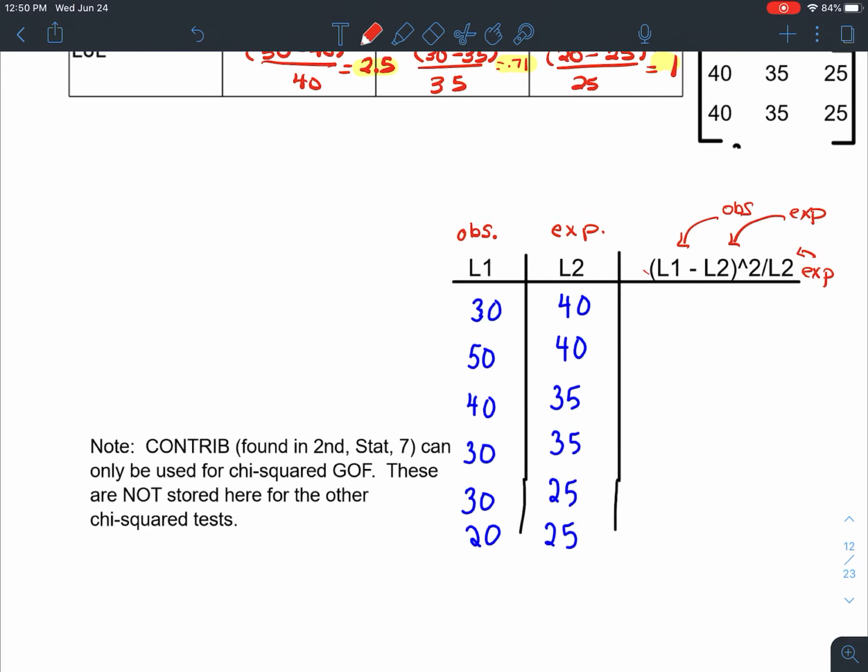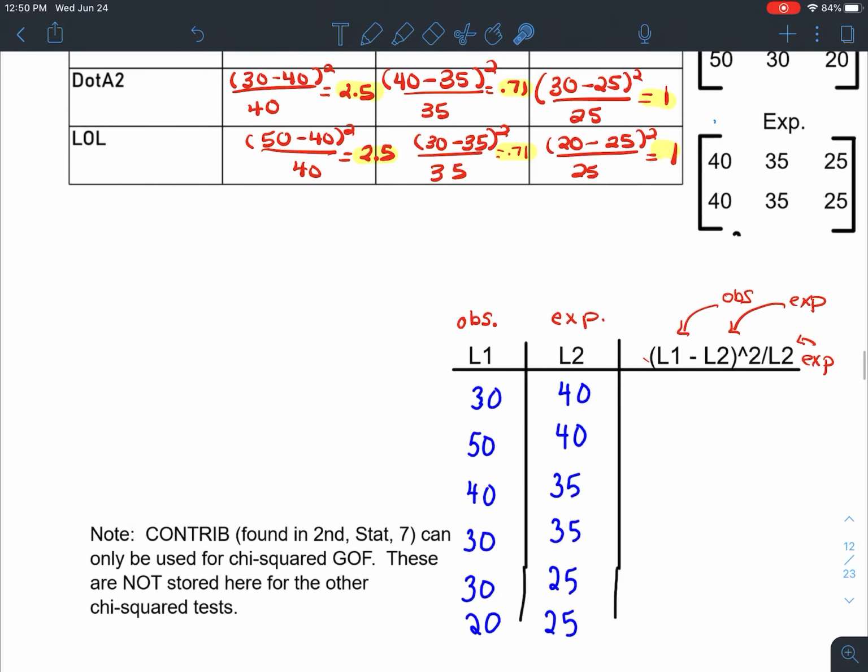That is basically what the formula is for how we got each of these values that I have highlighted here. Okay, and you hit enter and it'll fill these in, with each of those values that you see up above.